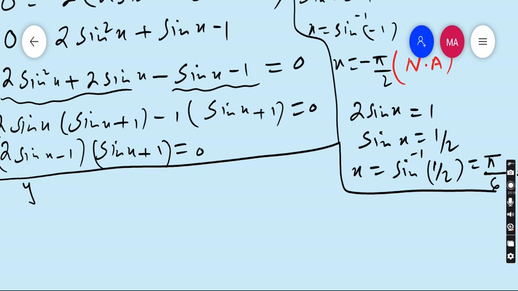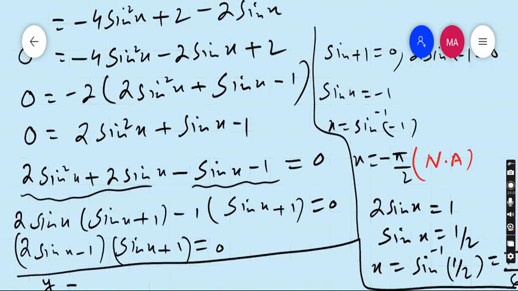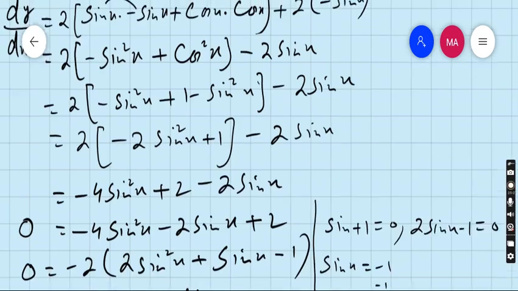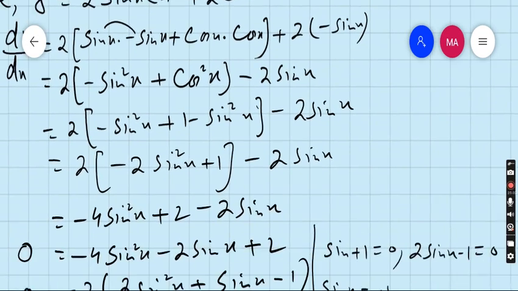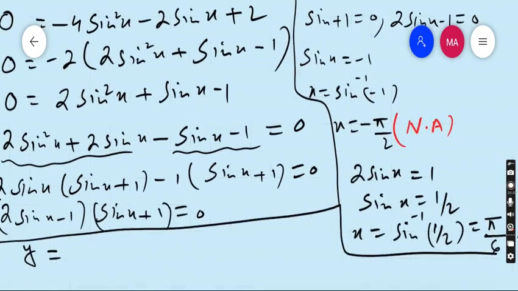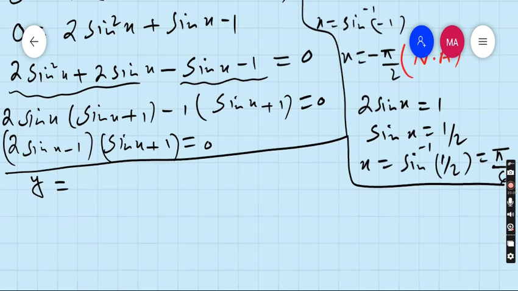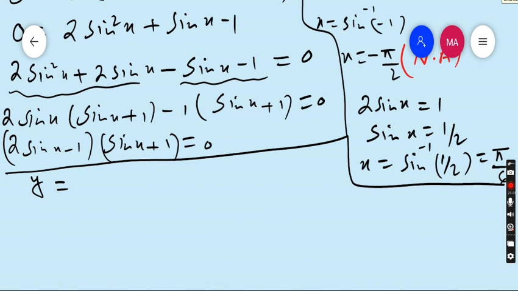What is our question? y is equal to 2 sin x cos x plus 2 cos x.